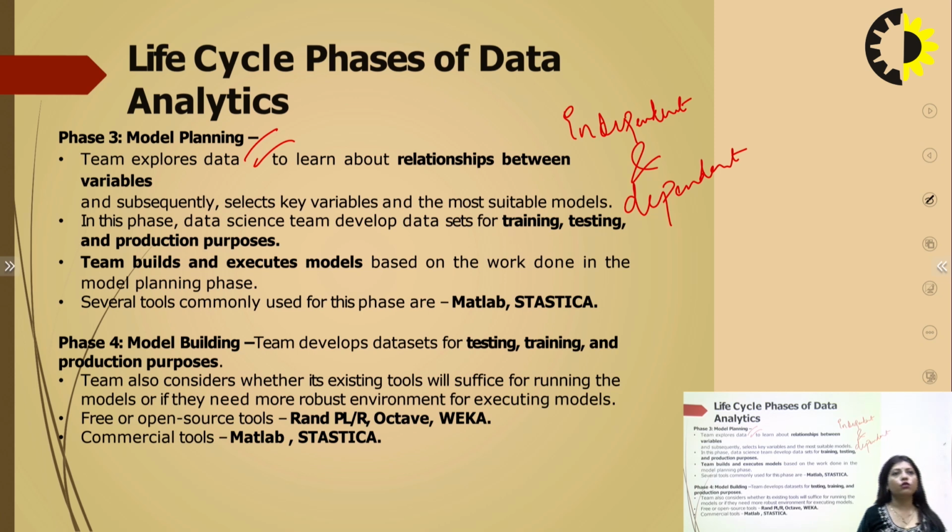So in model planning, we discuss the relationship between these variables. In this phase, the data science team develops data sets for training, testing and production purposes. The team builds and executes models based on the work done in model planning, and several tools used for model planning are MATLAB and Statistica.